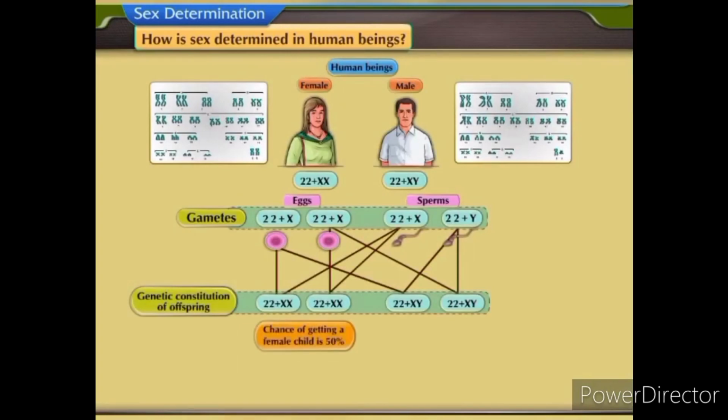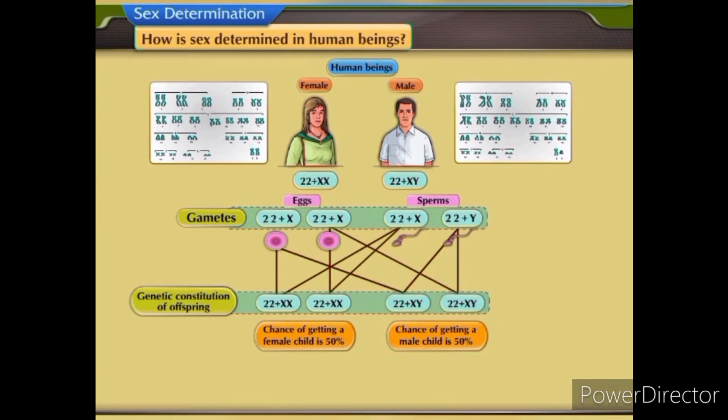Thus, the chance of getting a female child is 50%. That is, 2 out of 4 offspring will be females. Similarly, the chance of getting a male child is also 50%. That is, 2 out of 4 offspring will be males.